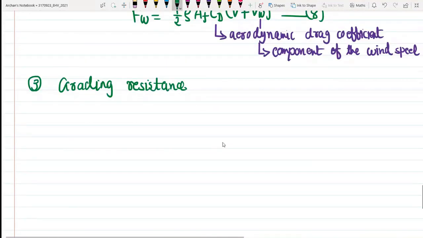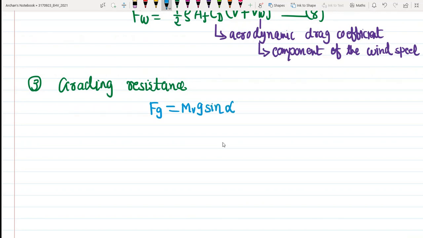The grading resistance can be expressed as Fg equal to mvg sin alpha. Let us call it equation number 9. Now, to simplify the calculations, the road angle alpha is usually replaced by the grade value when the road angle is very small.